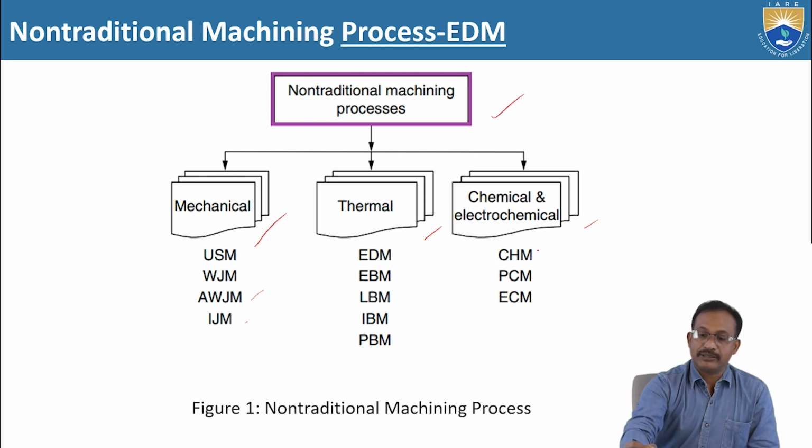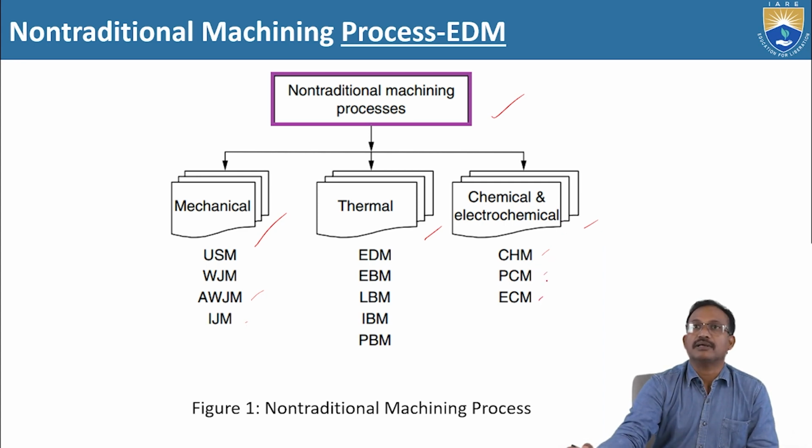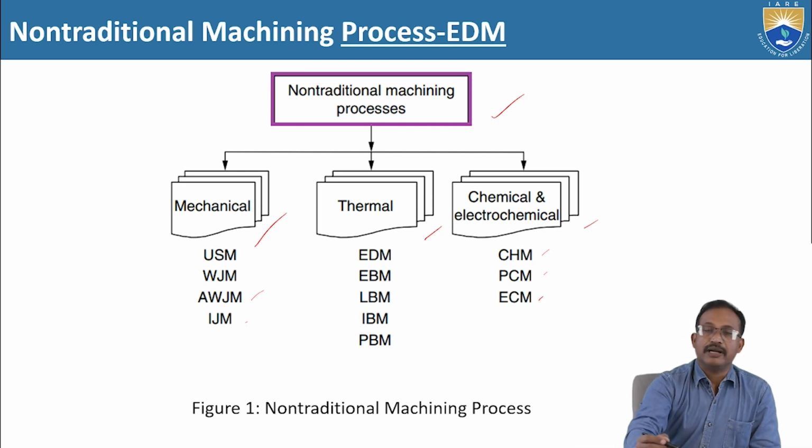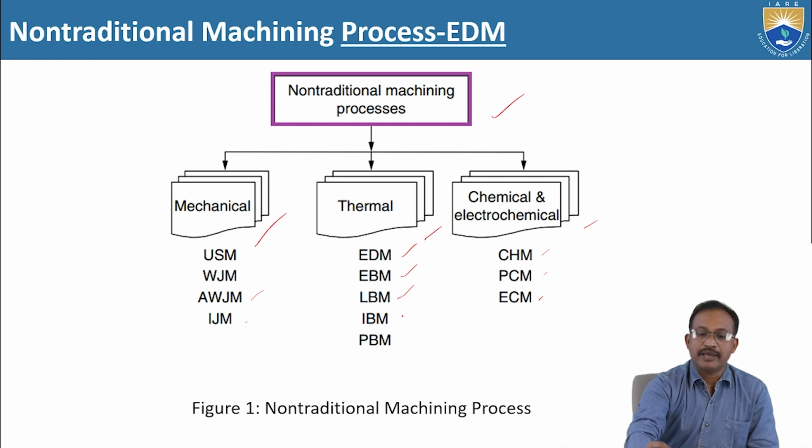Under chemical and electrochemical: chemical milling, plasma chemical milling, electrical chemical milling. Under thermal: electro discharge machining, electron beam machining, laser beam machining, ion beam machining, plasma beam machining.